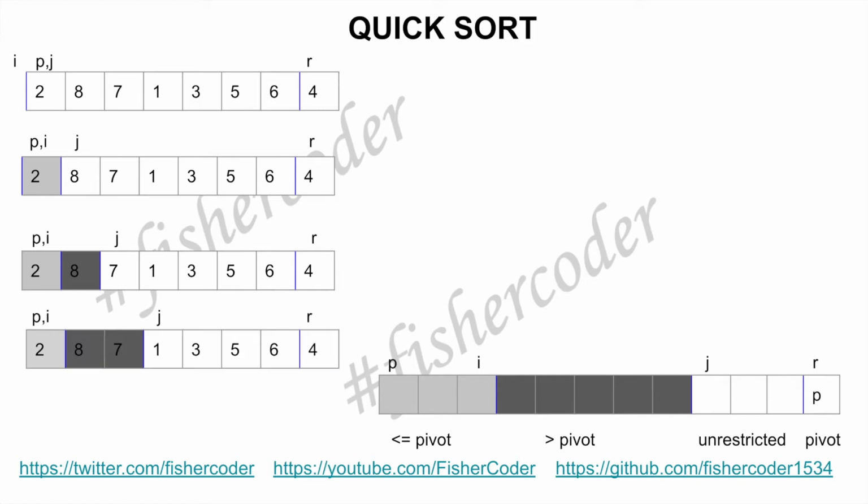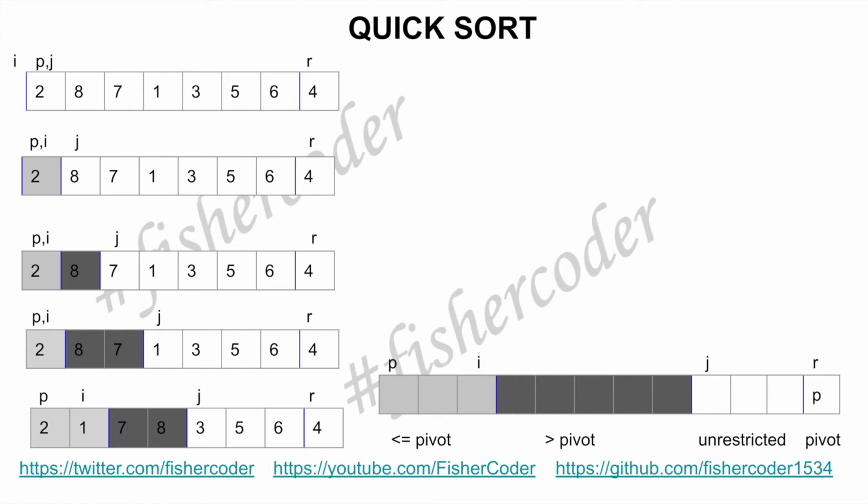Continue to increment j. We found this 7 element. 7 is still greater than 4. What we will do is that we put 7 into the second partition. We don't do anything, we just continue. Now we continue by incrementing j. So j becomes this. Now we found the element with value 1. 1 is actually smaller than 4.